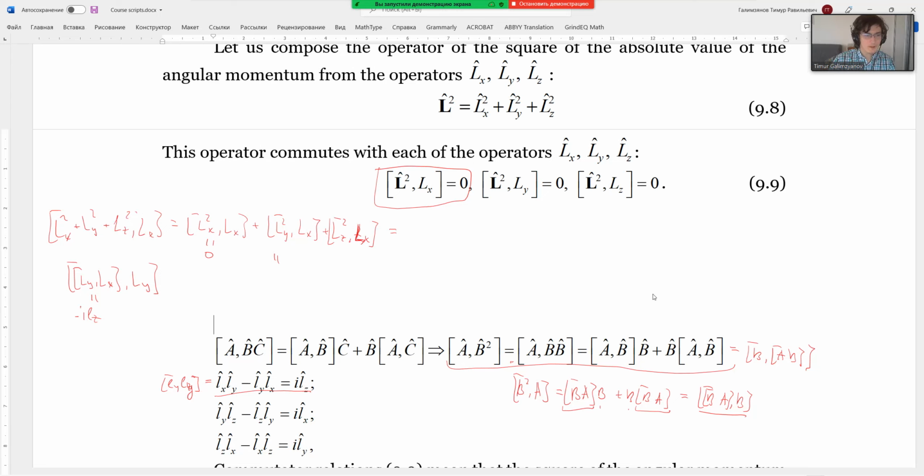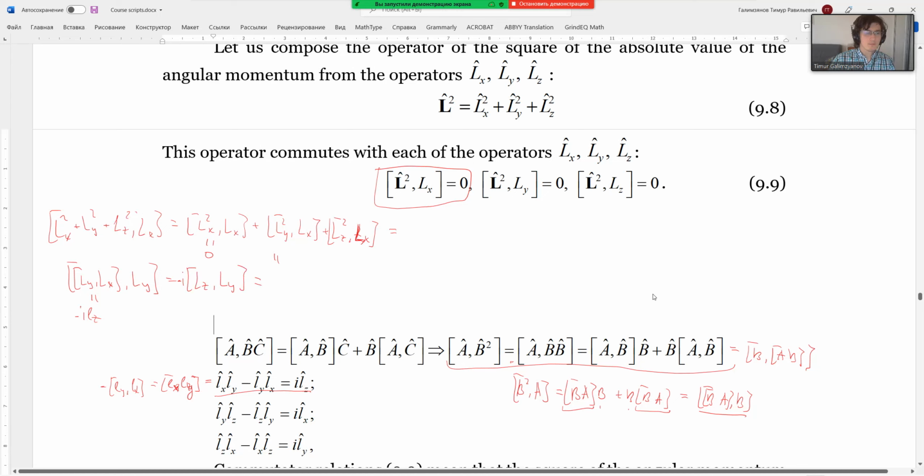So Lx Ly equals minus Ly Lx, minus i Lz Ly.